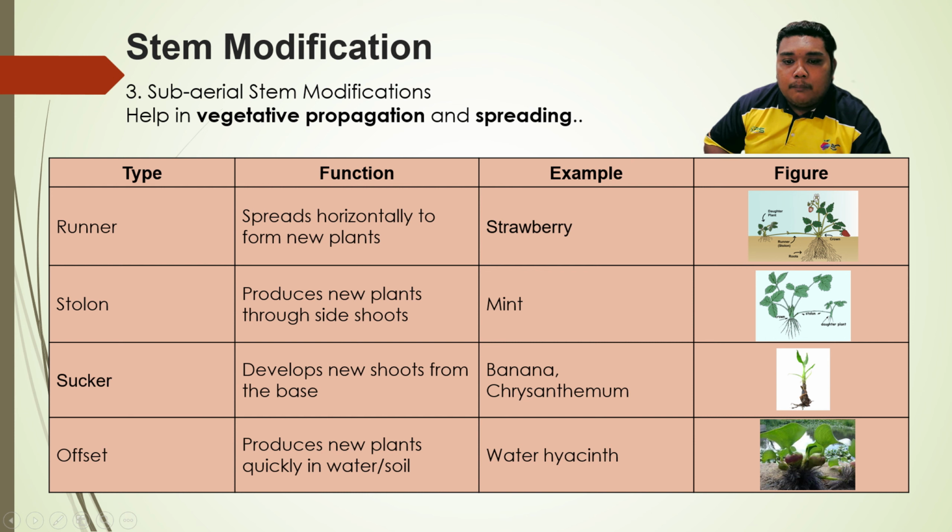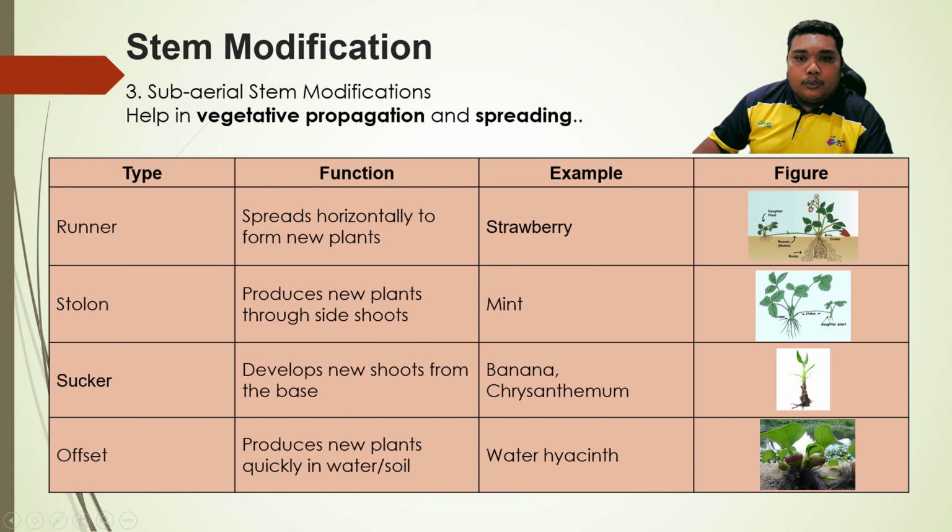Lastly, offset produces new plants quickly in water or soil, such as water hyacinth. So the shape of the stem is like a yam, but that's not a fruit. It is a stem that will produce the new plant.